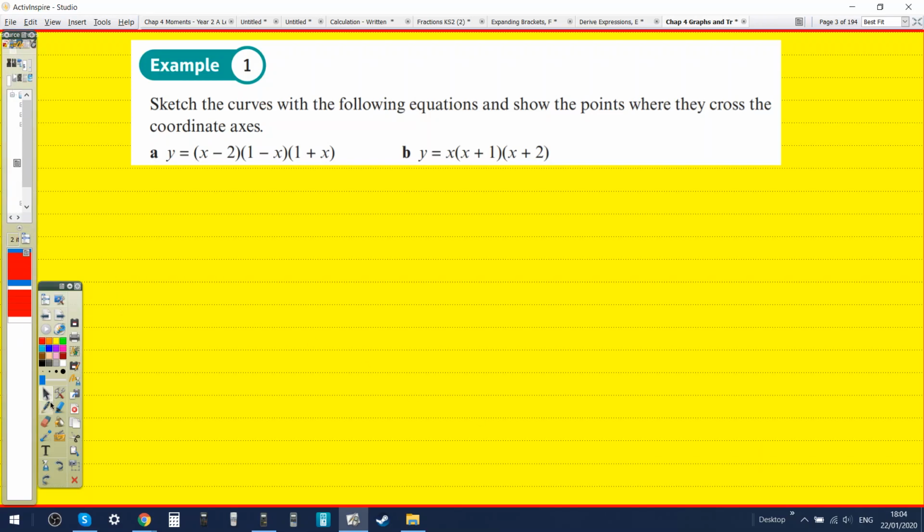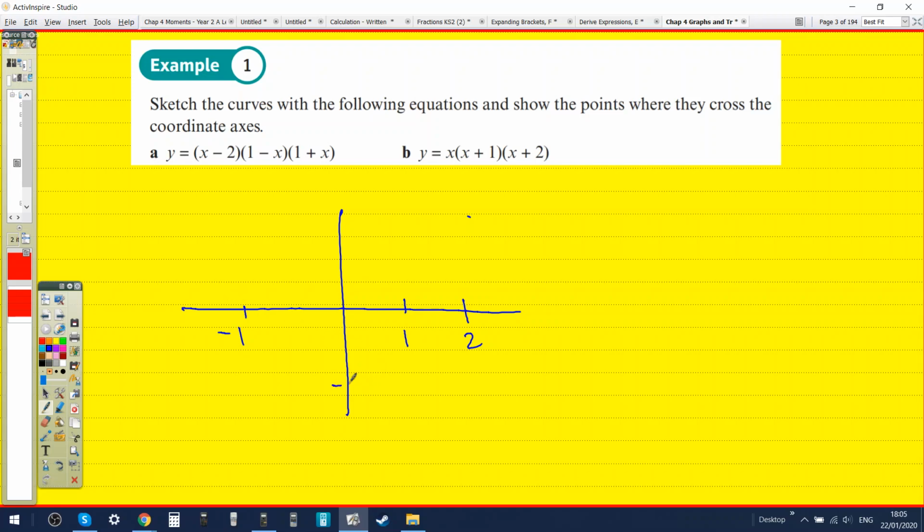X, the points across the x-axis will be 2 and 1 and minus 1. Yeah, 2, 1, minus 1. What about the y-axis? -2.